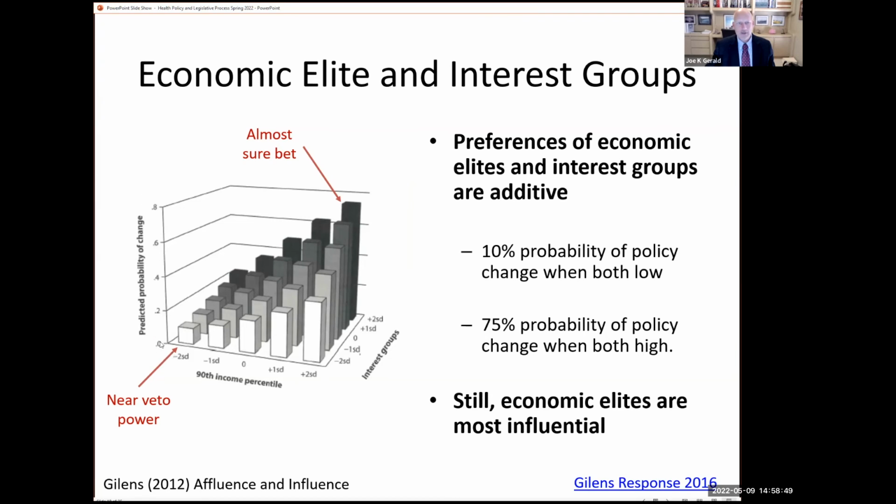And so the likelihood of a legislation passing is from almost 0 to 80%, right? And so as we go from almost all interest groups are aligned against the legislation to all interest groups favor the legislation, there's this stair step of graded probability that the legislation will pass.